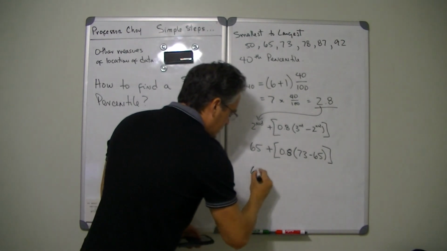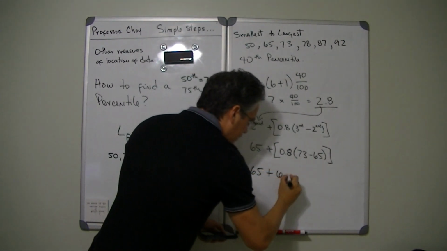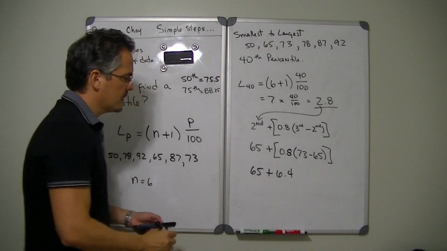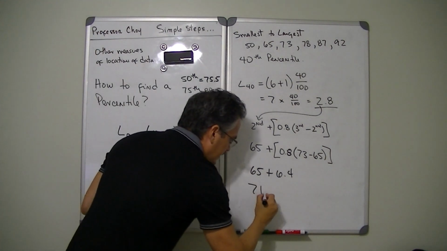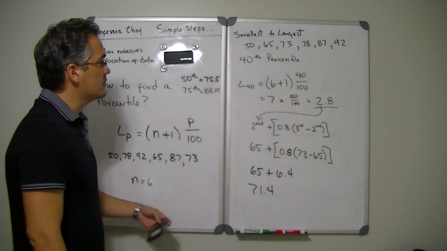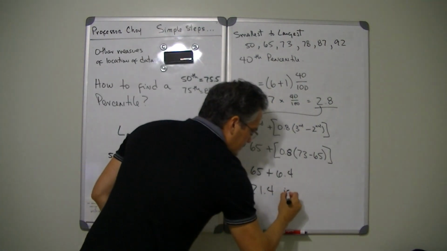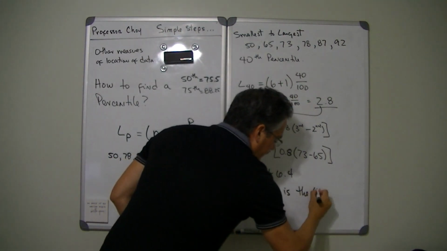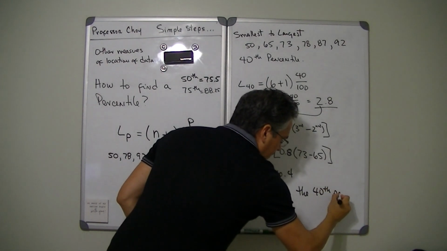Alright, so this is 65 plus 6.4. So that gives us 71.4. 71.4 is going to be our 40th percentile.